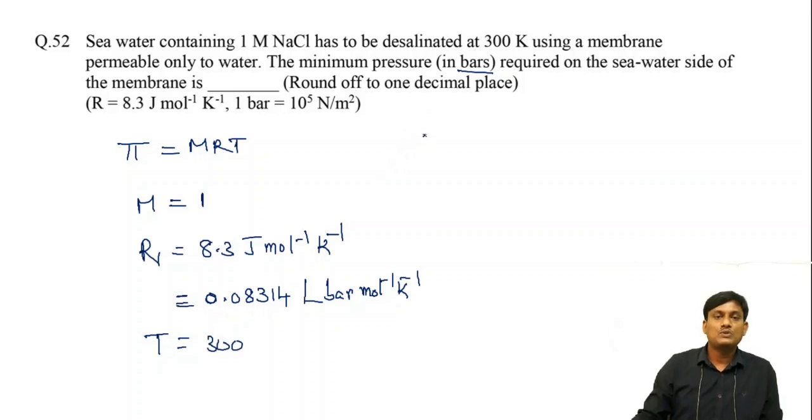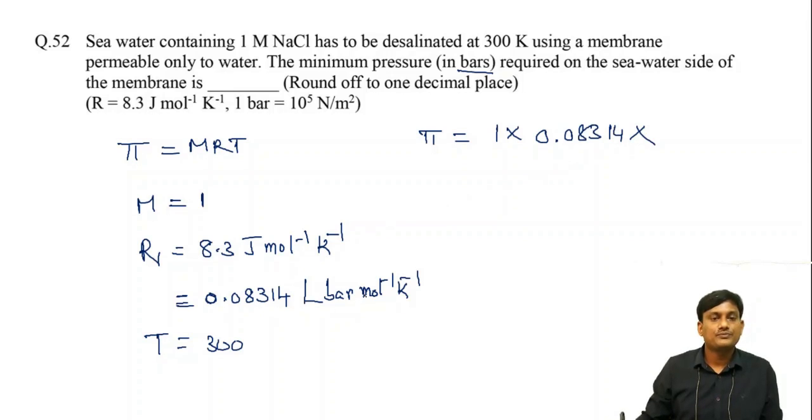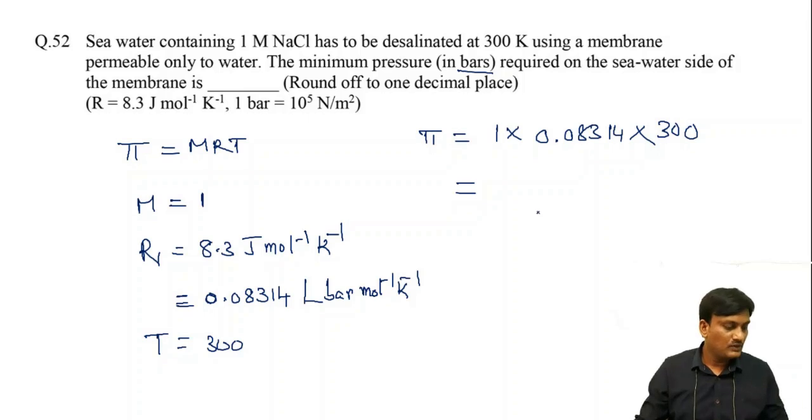So when you substitute these values, you will get pi is equal to 1 into 0.08314 into 300. Okay, you will get 24.942.